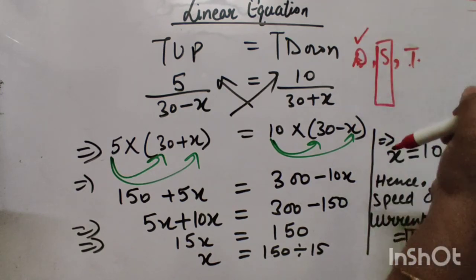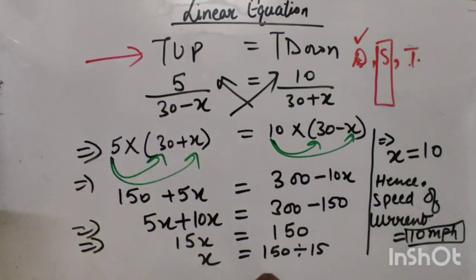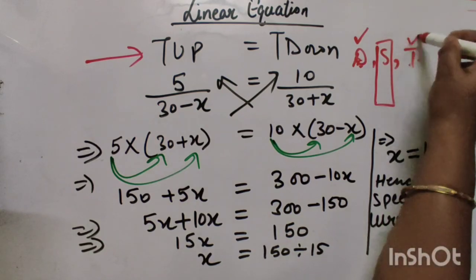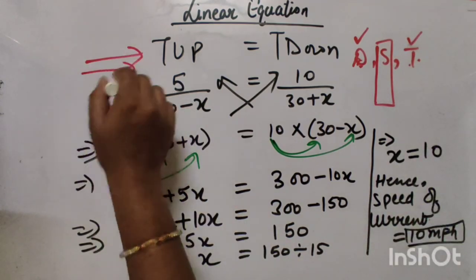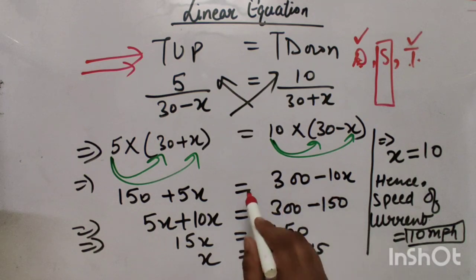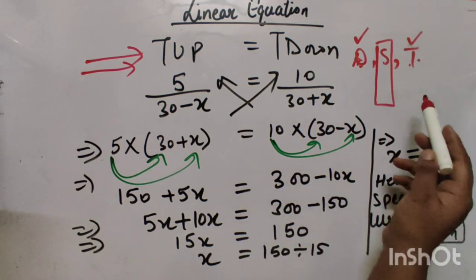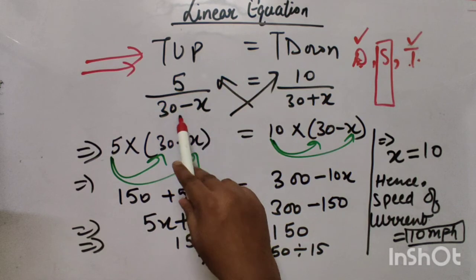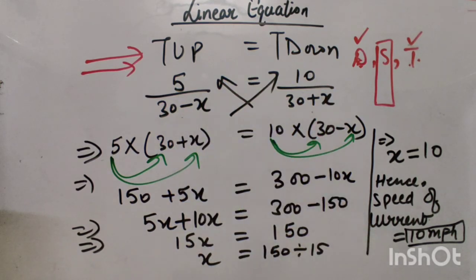If the distance is given the same, we will form our equation as per the distance, and if the time is given the same, we will form our equation as per the time. As in this question the time was given the same, so we formed our equation on the basis of the time formula.